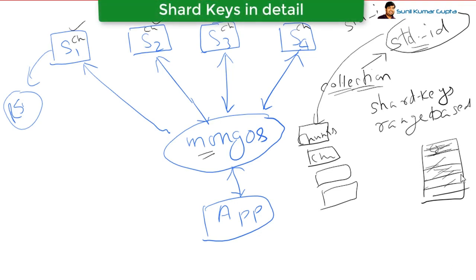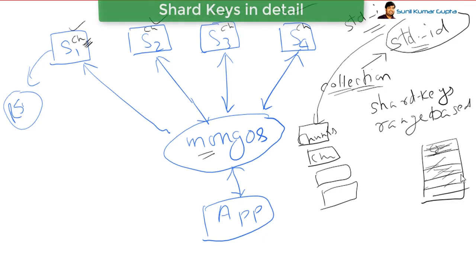It will immediately look for which chunk this student ID 10 belongs to, and then it will go and fetch the details. Suppose student ID 10 is in this chunk on shard 3, it will communicate to shard 3, immediately fetch the data and give it back to you.